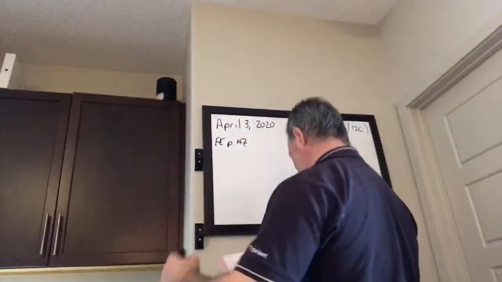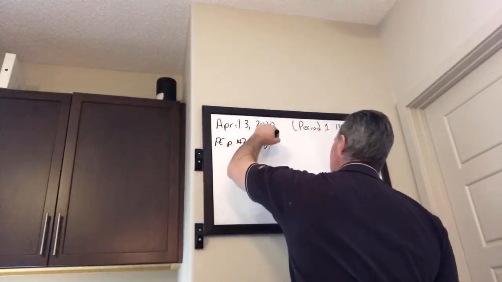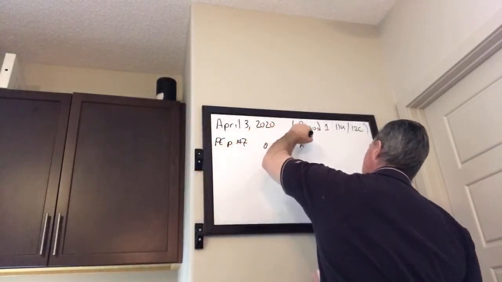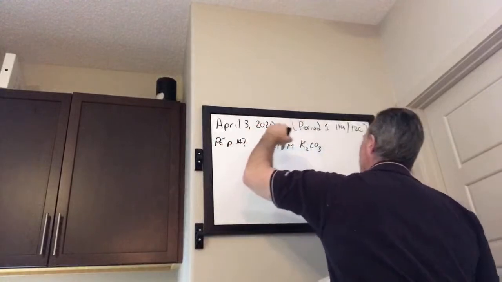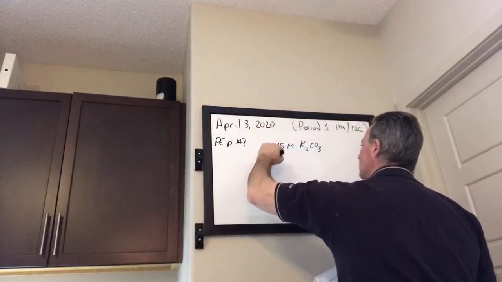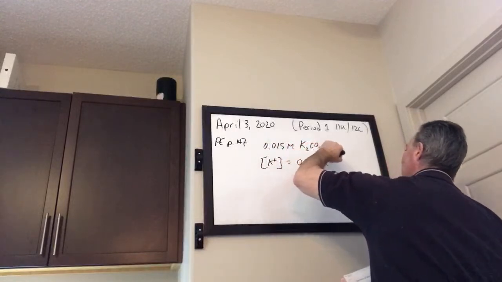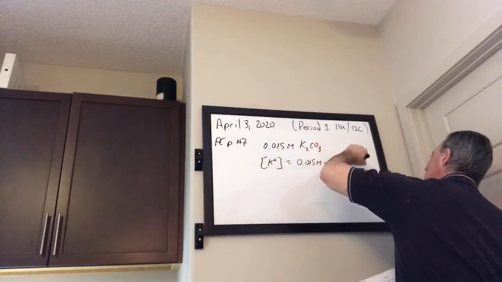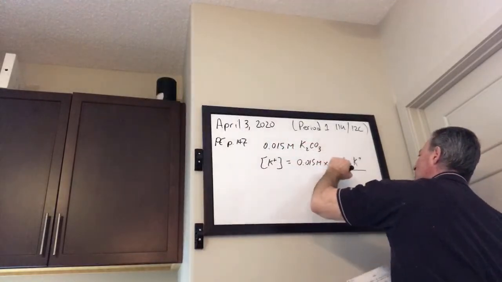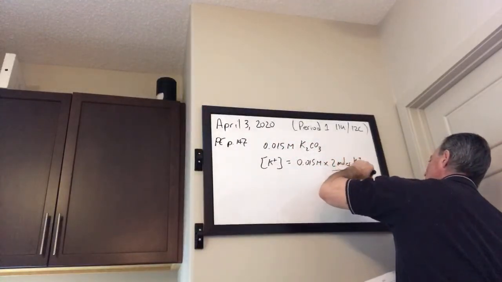All right, so if you have 0.015 molar potassium carbonate, then the potassium concentration is equal to 0.015 molar times 2 moles of potassium ions for every 1 mole of potassium carbonate.